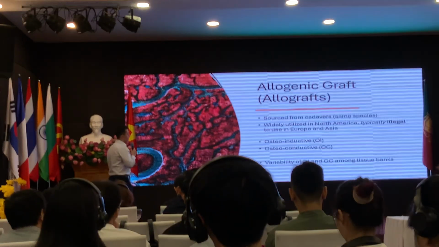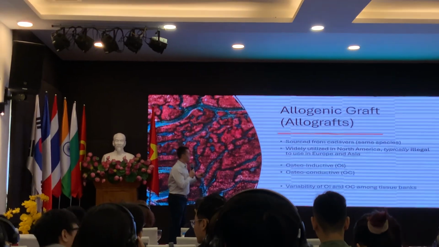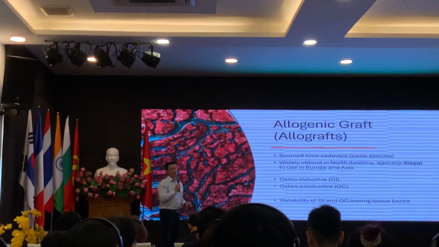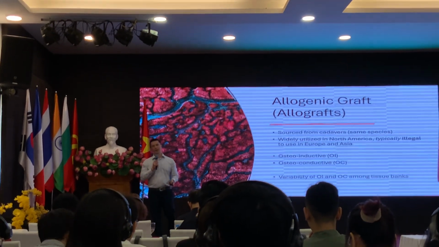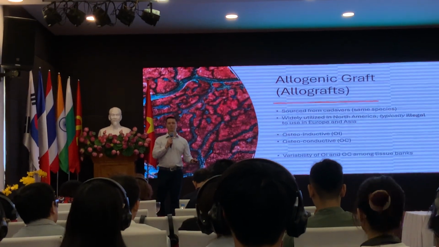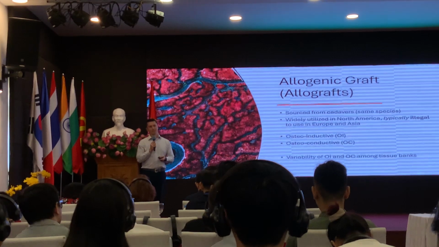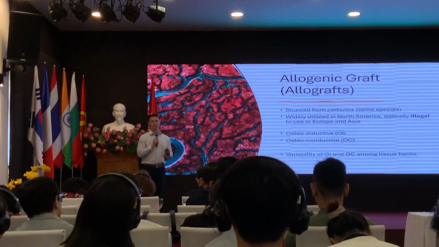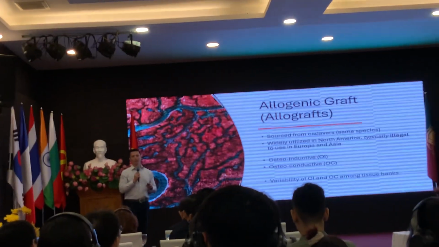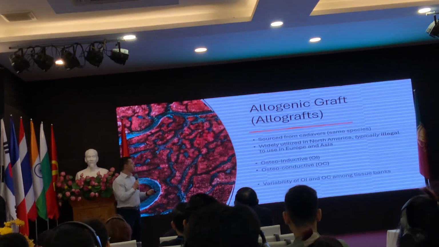So what are the benefits of allogenic bone graft, or allograft? Well, it's great because we don't have to take the bone graft from a donor site. This comes packaged, sterilized, and is vetted for predictability and that it would work.